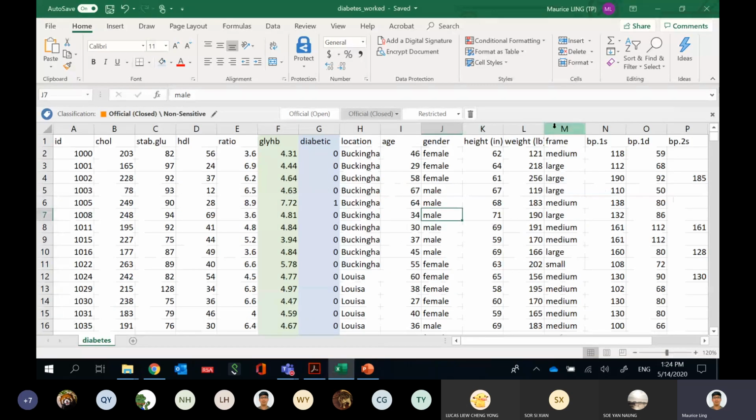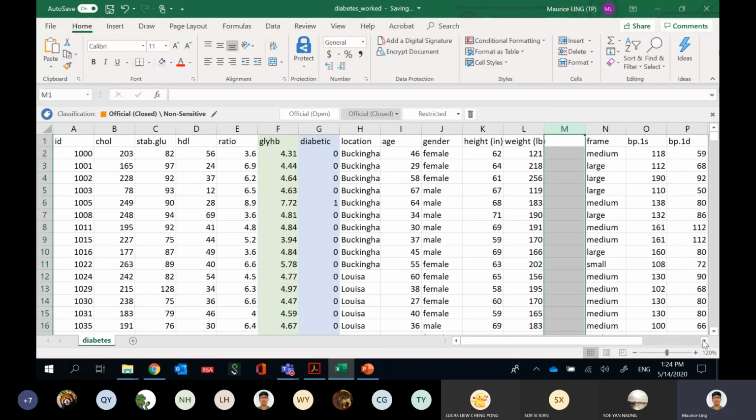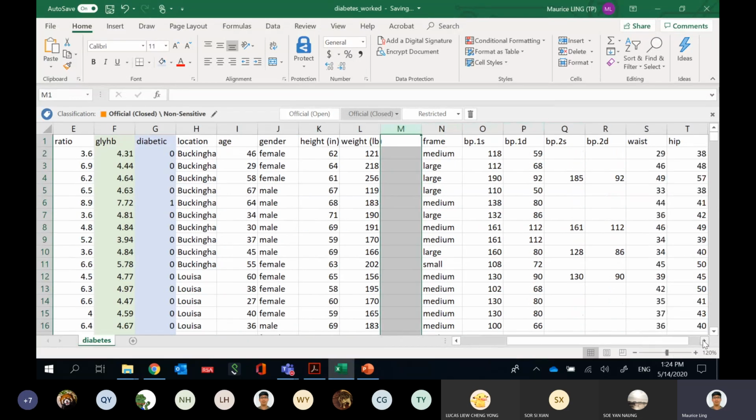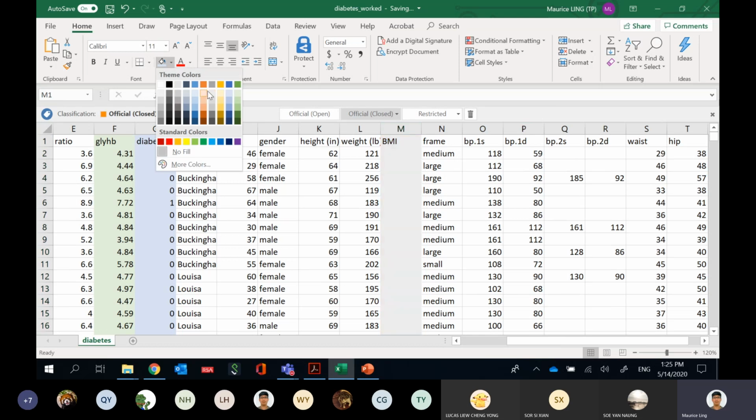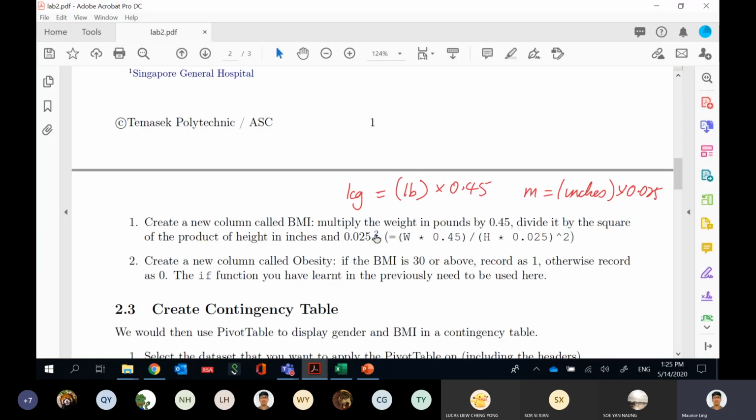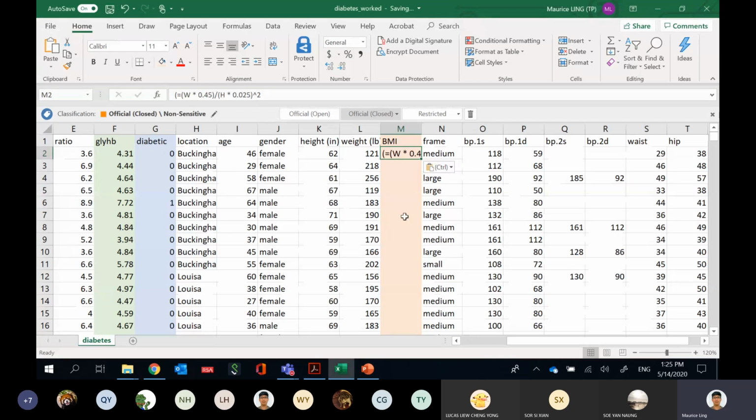Now, to make our life easier, we insert one more column in M. So far so good. So we call column M your BMI. Then what I do is I copy down the equation, I put the equation here.